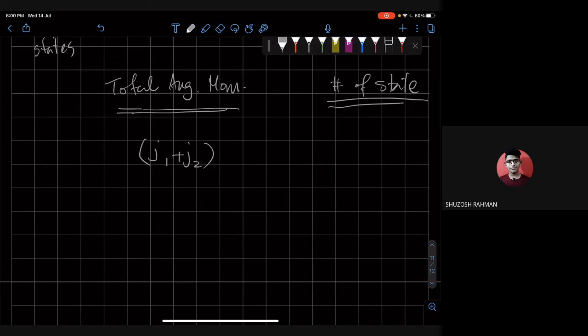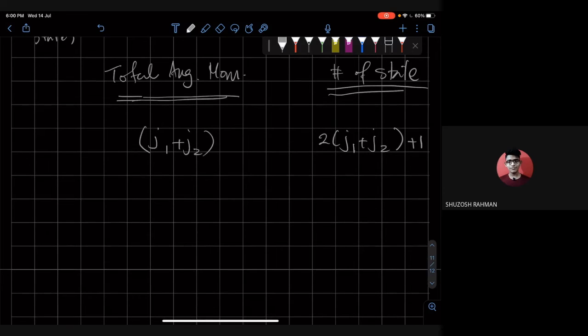So then the number of states here is 2(J1 plus J2) plus 1. And then we reduced it by 1. We took J1 plus J2, and then reduced by 1. And that multiplet will have 2(J1 plus J2 minus 1) plus 1, right? Because 2 times this plus 1 is this thing.